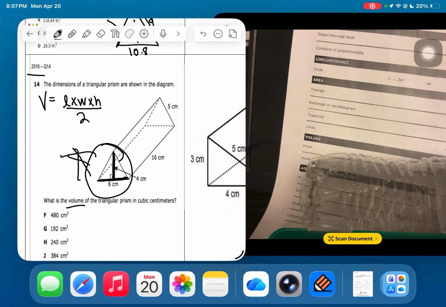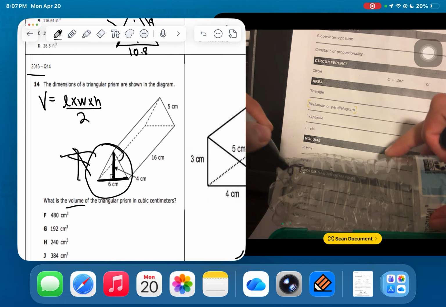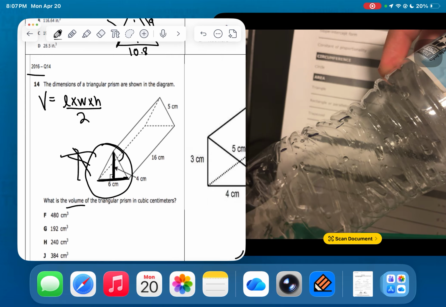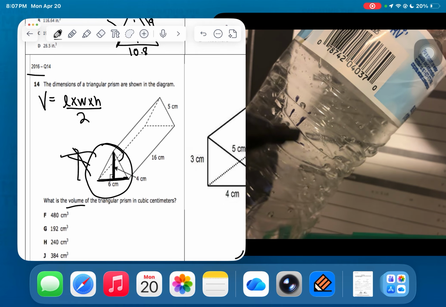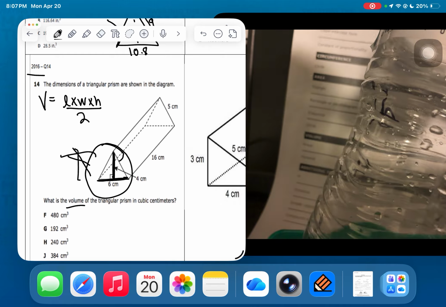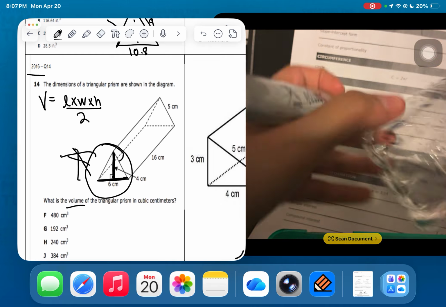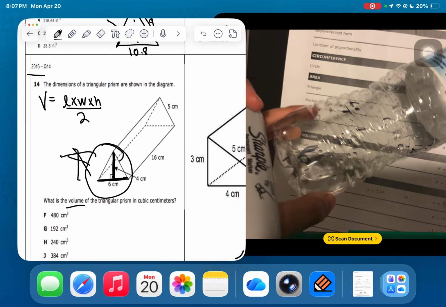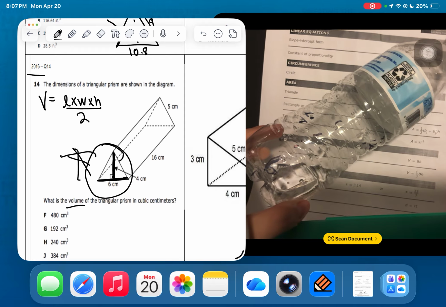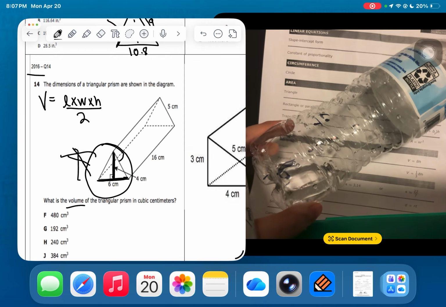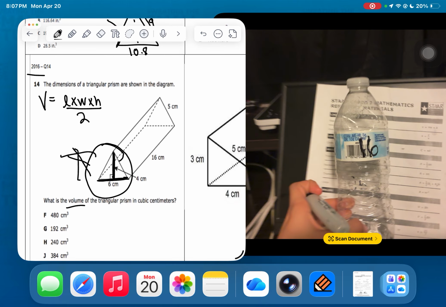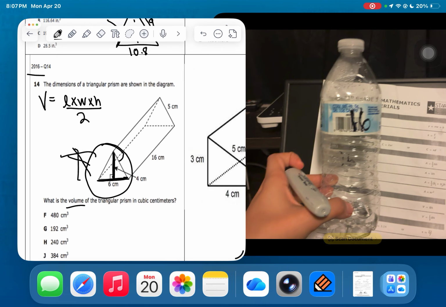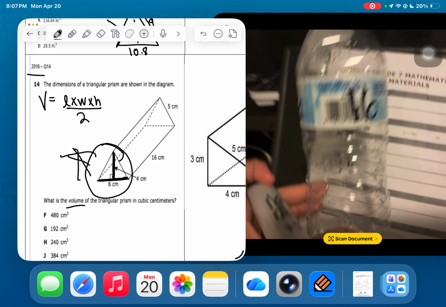Think about it. Let me get a Sharpie here. So I have, this is 6, the height is 4, and then this number right here is 16. I'm going to put 16 here. So I have the 6 lying down. If I bring the base to the floor, what's going to be the height of my prism? 16, not 5.